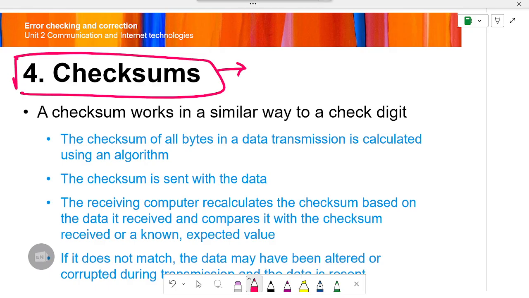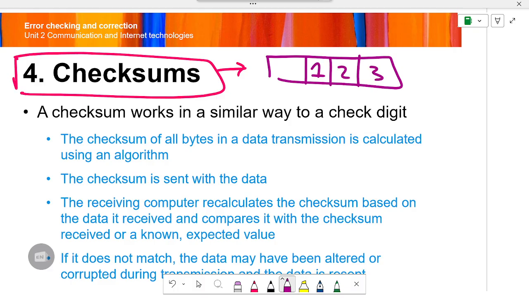Checksum is similar to check digit, but what happens is you're going to send the data with the transmission. Okay? An easy one is, let's say I'm sending some data, and I have 1, 2, 3 bytes. Okay? This is all the data.